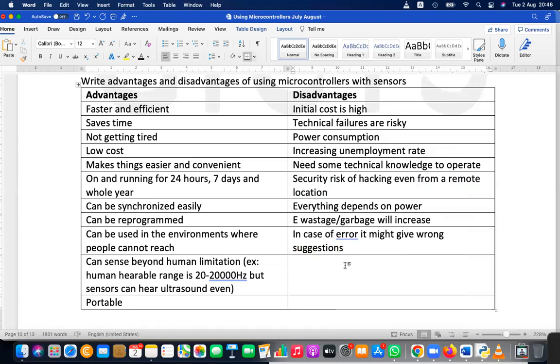That is a problem. Any disadvantages other than that? Hackable, right? This hacking security risk is there.